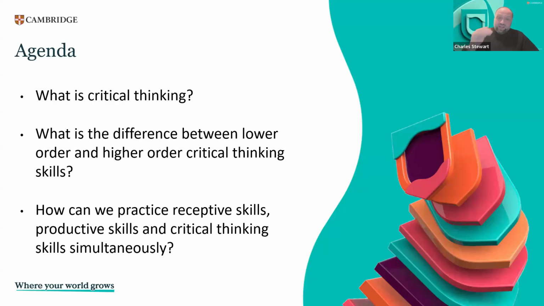And once we establish what it is, we're also going to look at a couple of different types, branches of critical thinking skills, both lower order and higher order critical thinking skills.